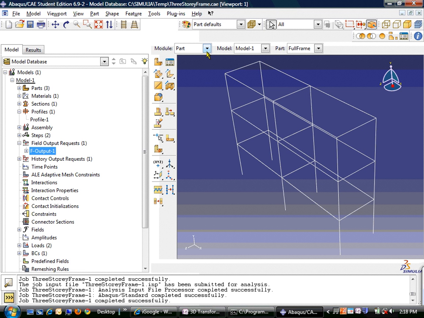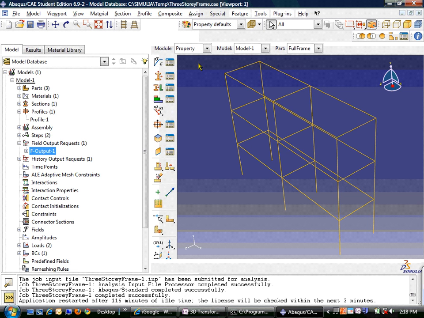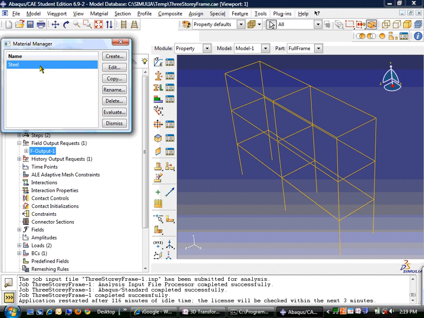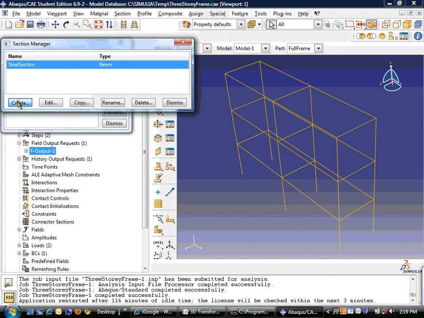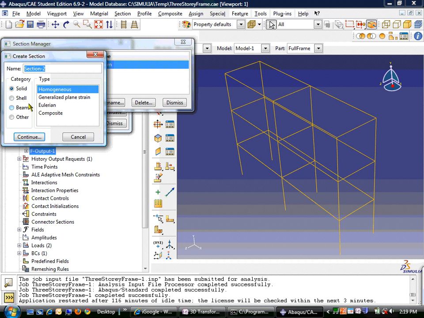In the part module, you go and sketch out your three-dimensional structure with a wire. In the property module, what I've done is defined a steel material. And then in the section module, when you create the section, you're saying that instead of that solid section, you would use a beam section.